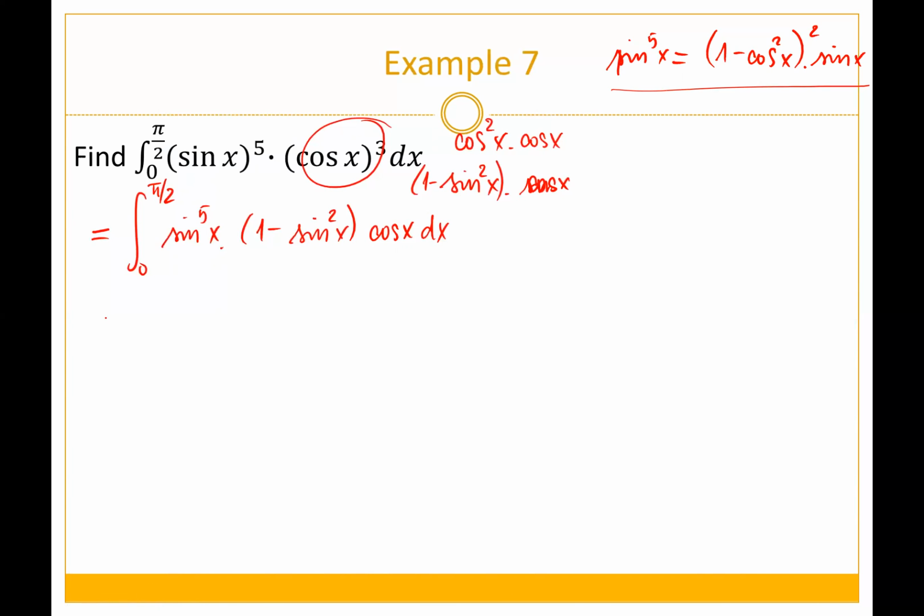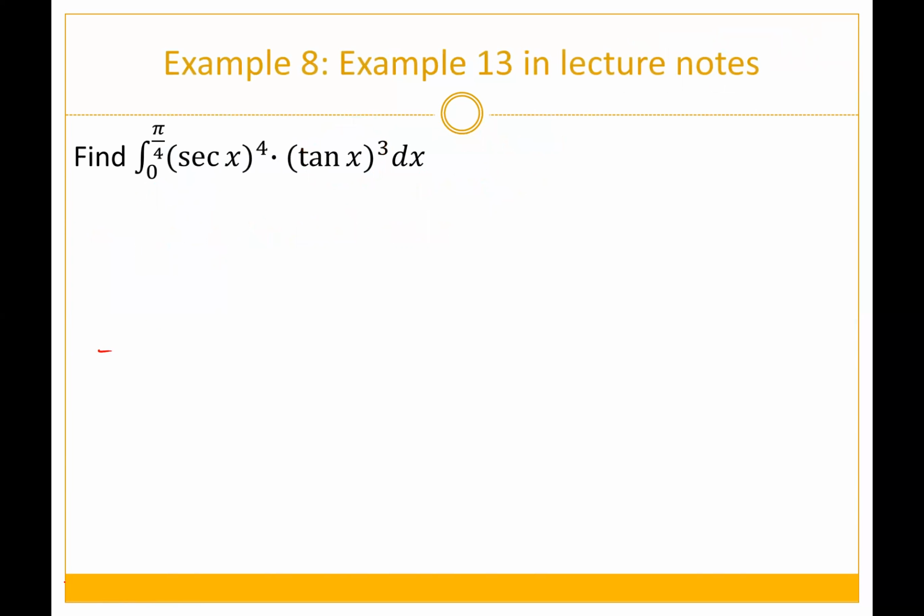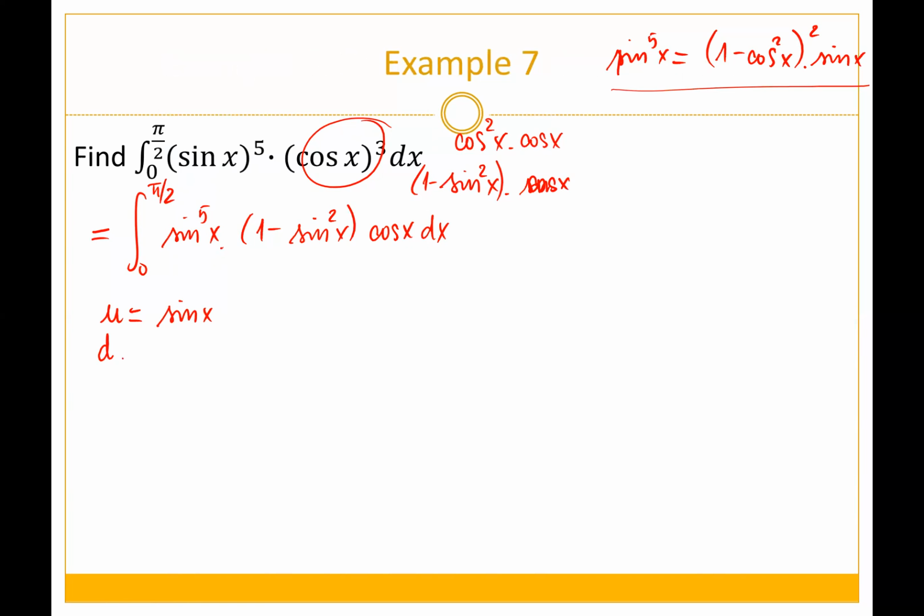Now, having said that, I'm just going to put u equal to sine x here. Then I have du be cosine x dx. Then of course, because this is a definite integral, you always have to do the change of variable. So you have x going from 0 to pi over 2, so u is going from 0 to 1.